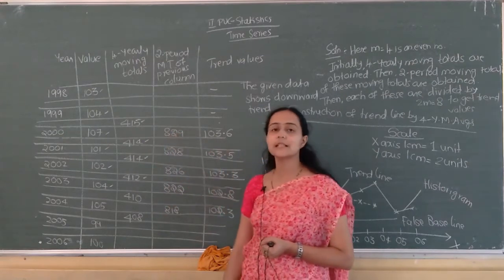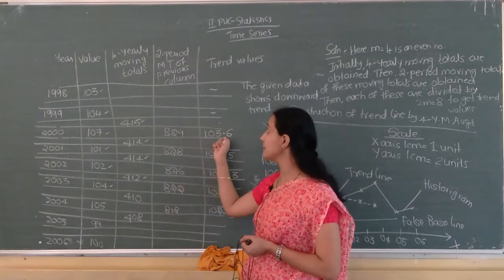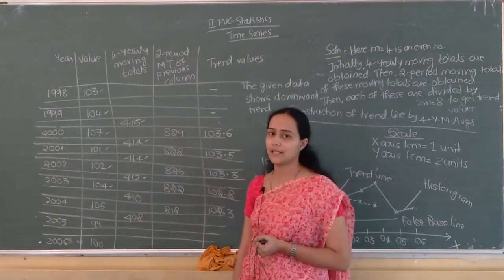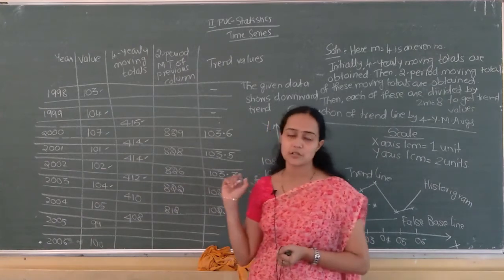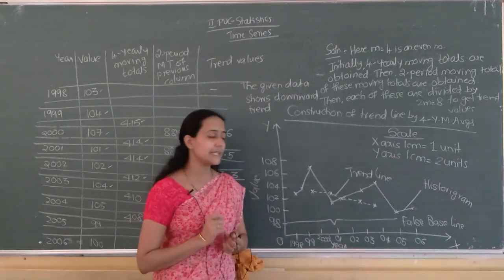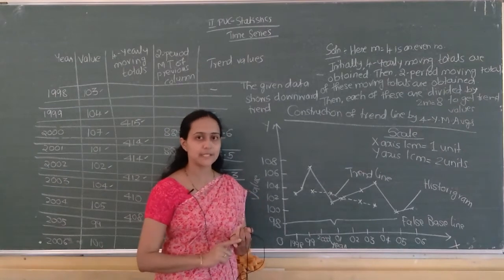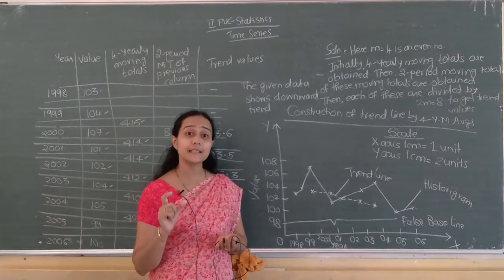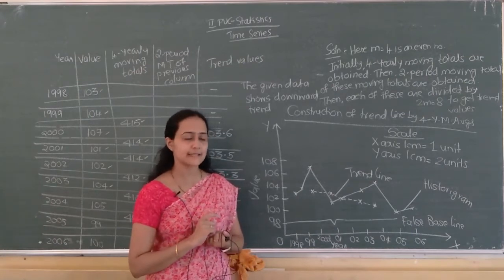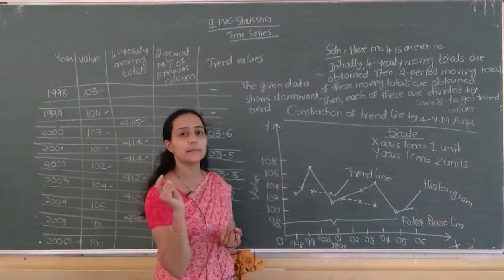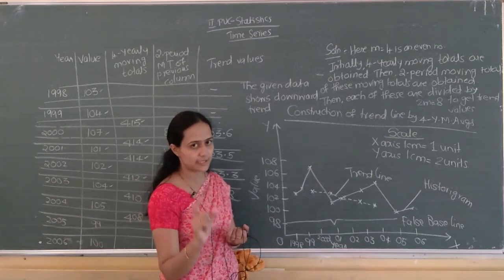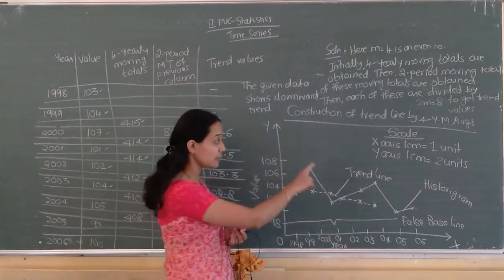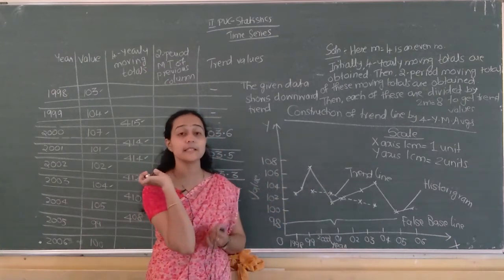For the trend values, divide this by 8 to get the trend values. Next we drew the histogram and trend line. While drawing the graph, title must be there, scale must be there, mark the x axis and y axis and the variables, then draw the histogram and mark its points, next the trend line. Both you have to draw. Then mark which one is the histogram and which one is the trend line.